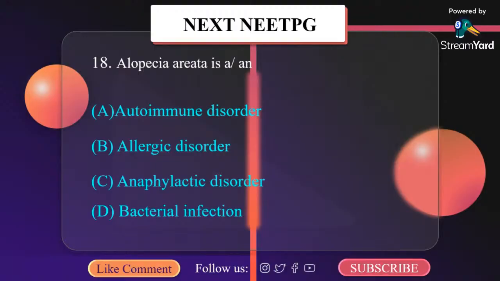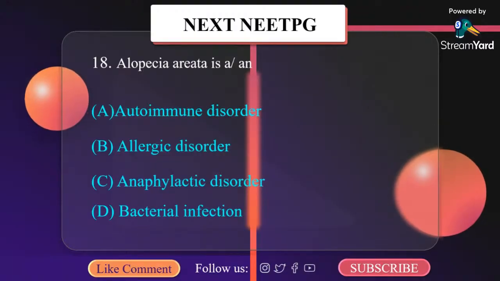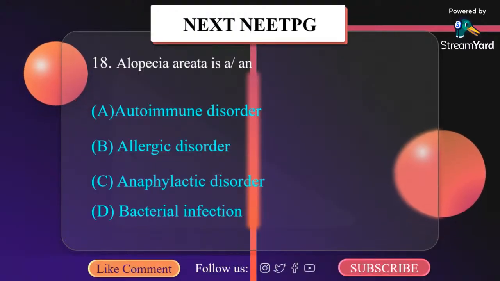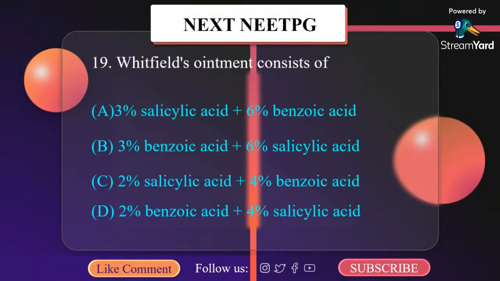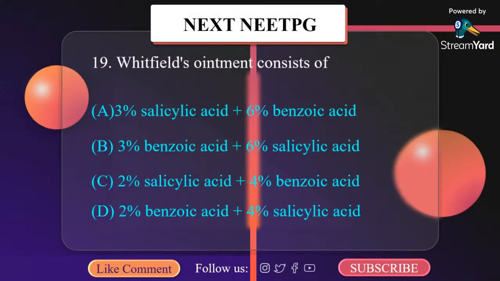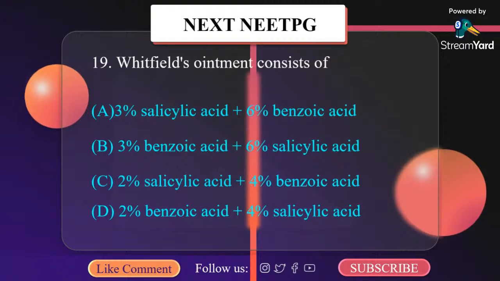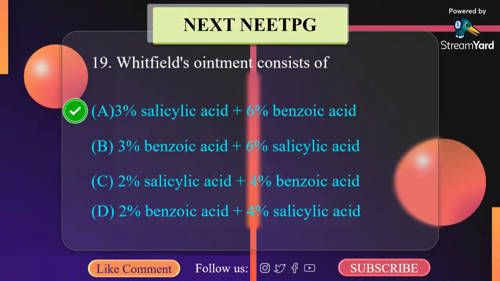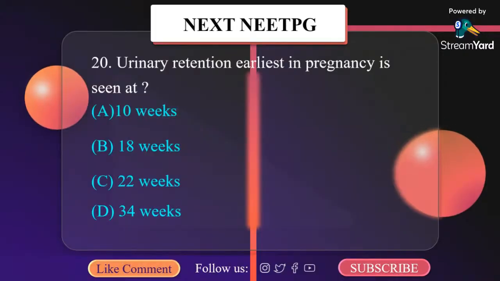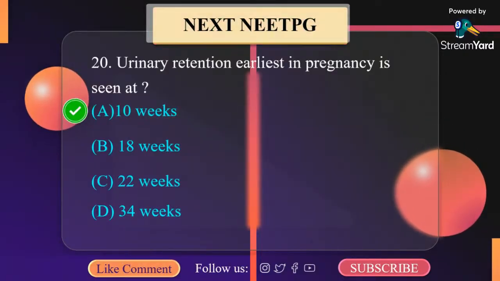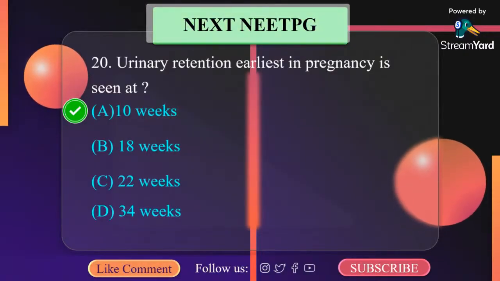Alopecia areata is: A. Autoimmune disorder. B. Allergic disorder. C. Anaphylactic disorder. D. Bacterial infection. It is an autoimmune disorder. Whitfield ointment is 3% salicylic acid plus 6% benzoic acid, so the correct option is A. Urinary retention early seen in pregnancy, we all know, is at 10 weeks.